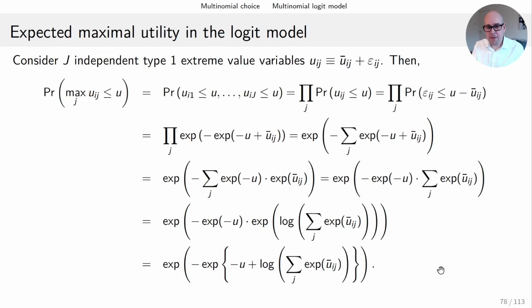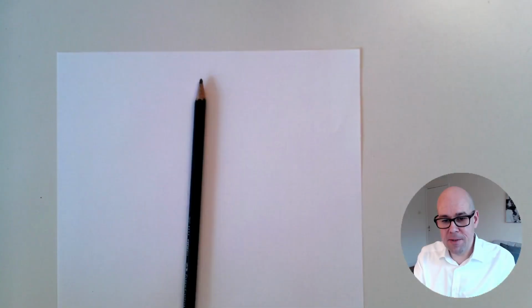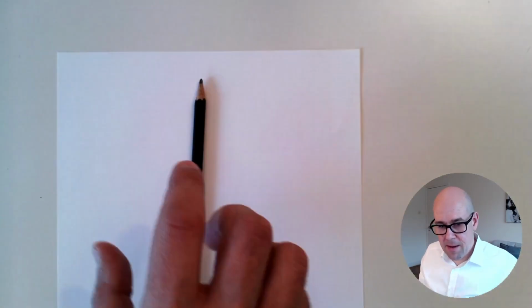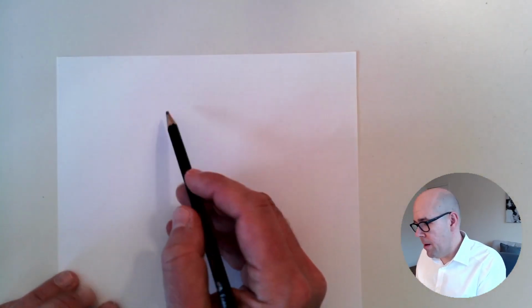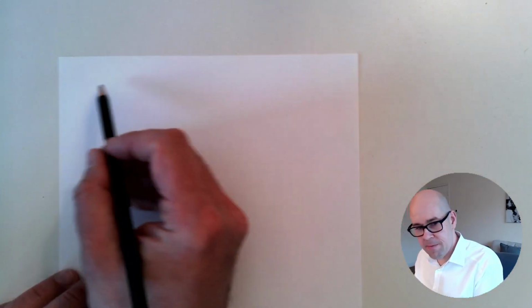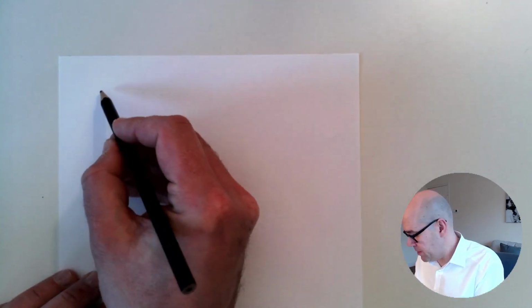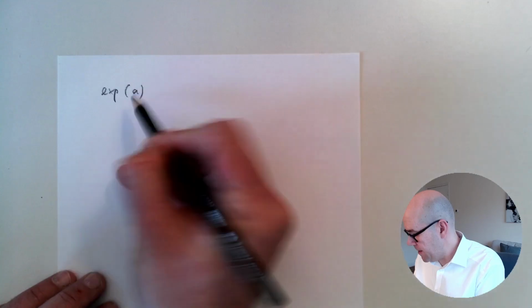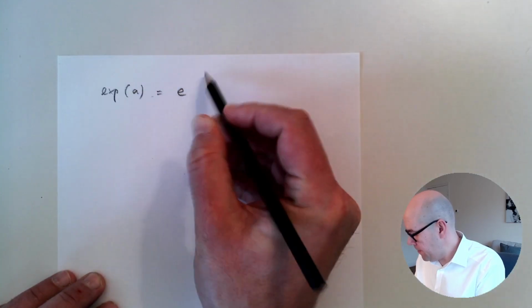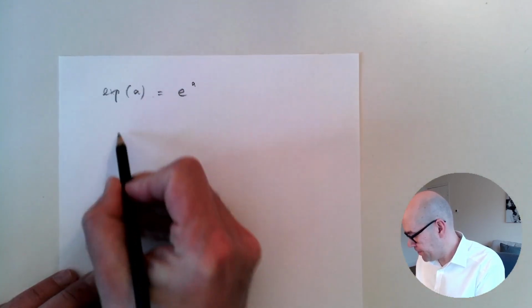Let me briefly review for you first, before we get into the details, the rules of exponentiation. I'm just going to do this here with pencil and paper. The exponential function evaluated at a is simply e to the power a.